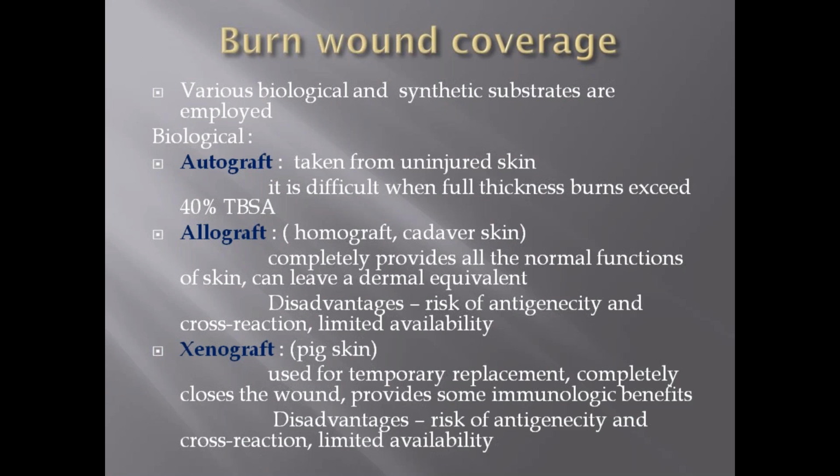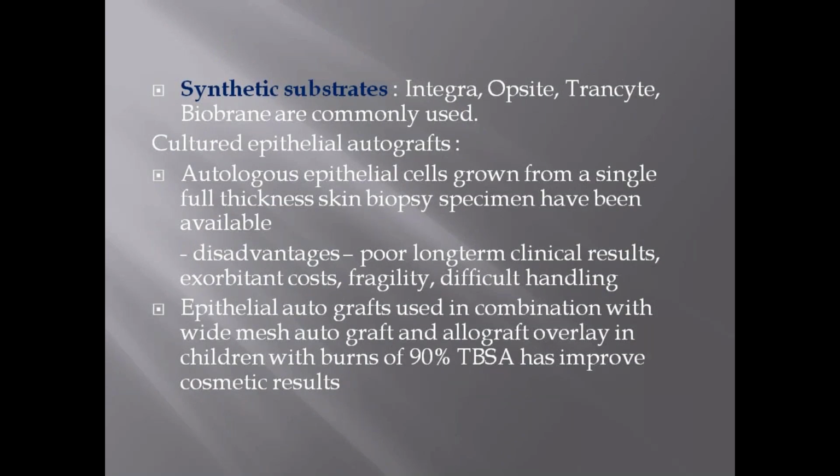Xenograft is usually taken from thick skin. Synthetic substrates such as Integra, Opsite, Transite, and Biobrane are commonly used. Cultured epithelial autografts: autologous epithelial cells are grown from a single full thickness skin biopsy specimen. That is, a skin biopsy is taken from the person and this is grown.